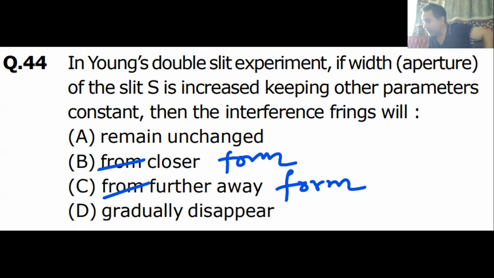I am going to increase the width of the slits. You can use your common sense and tell me what will happen to the interference pattern. Waiting for your answers. So that slit is very, very small. If I keep on increasing the size of that slit, what will happen? And what is your answer?